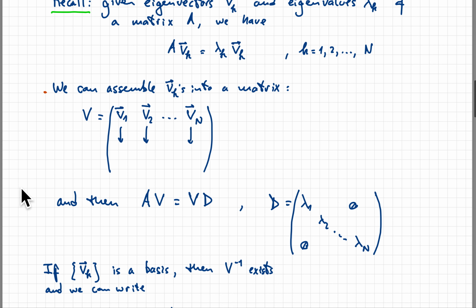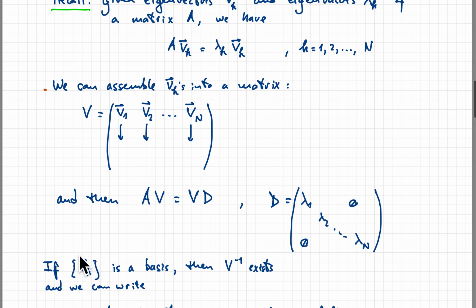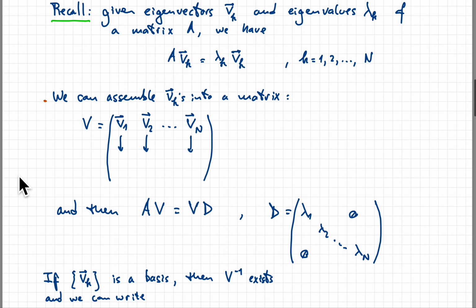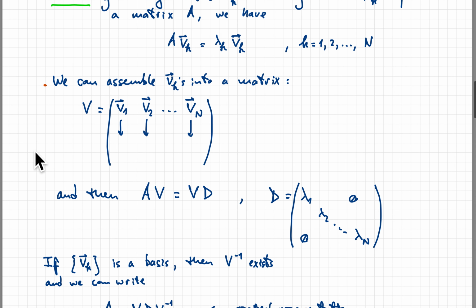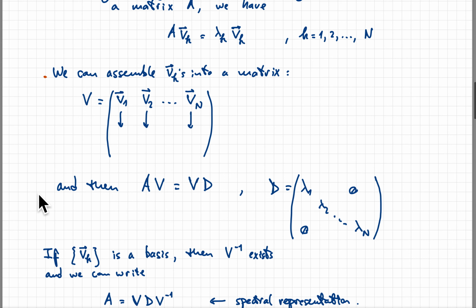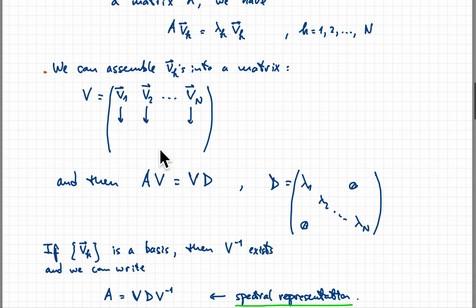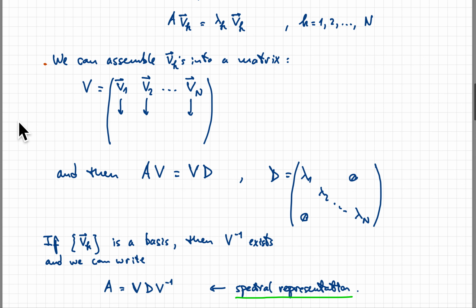Now, if the set of all the V sub k's is a basis in the space where this matrix hits vectors, then V inverse exists. So the inverse of this matrix exists if V sub k is a basis. That means that the columns are linearly independent, and so we're safe in the sense that there is an inverse that is well defined.